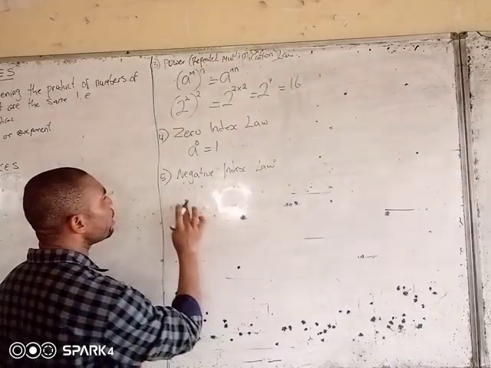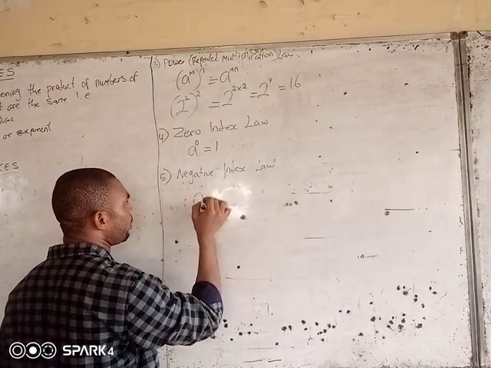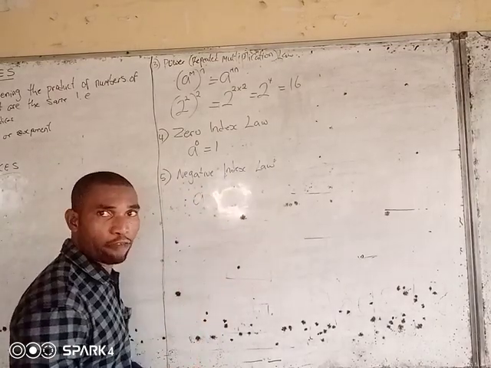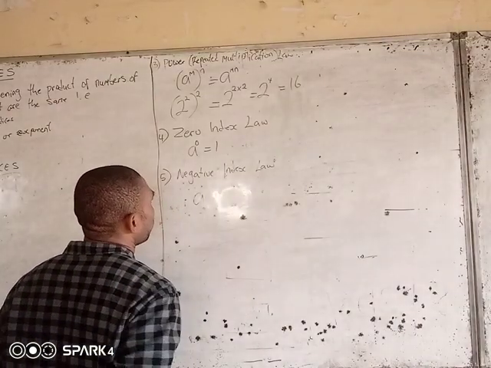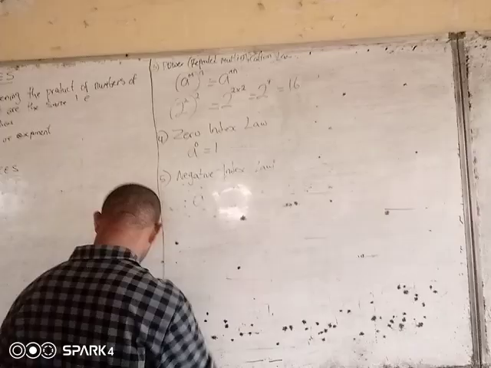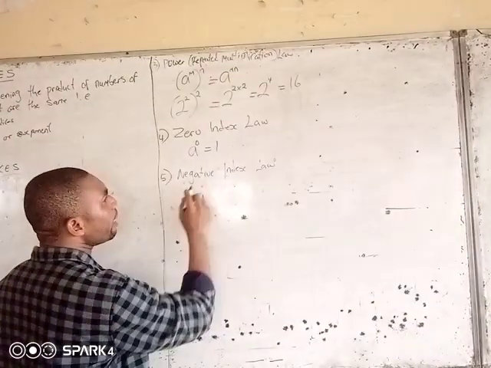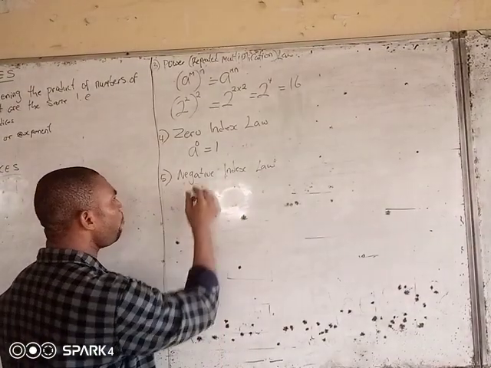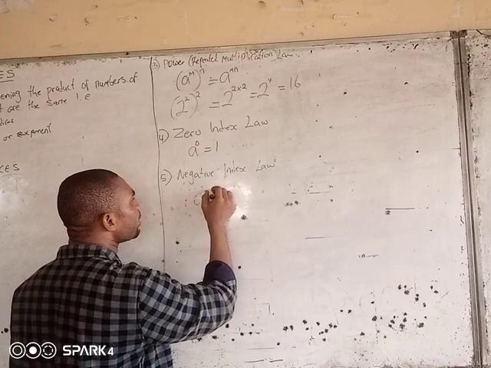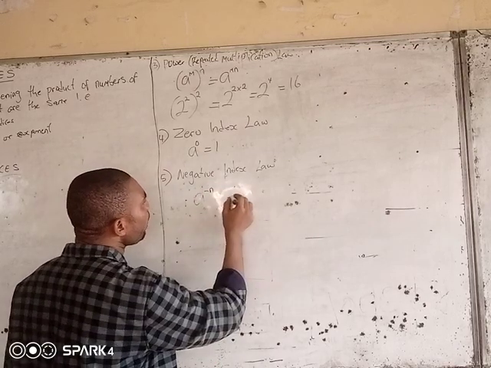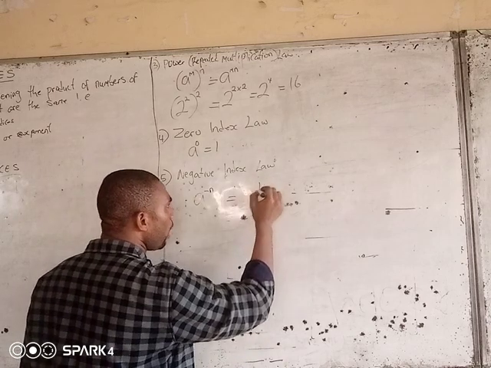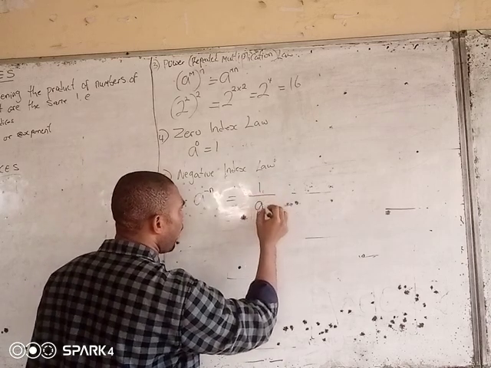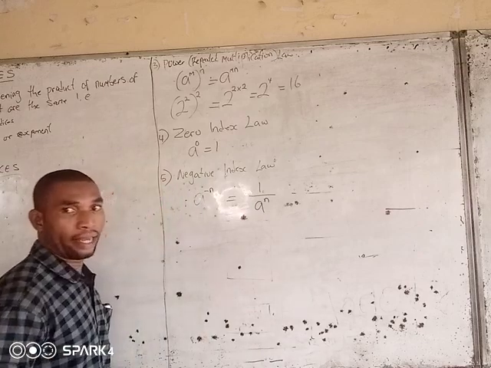The negative index law is simply saying that any base raised to a negative power, the result is, take the inverse of it, which is 1 over a raised to power n.